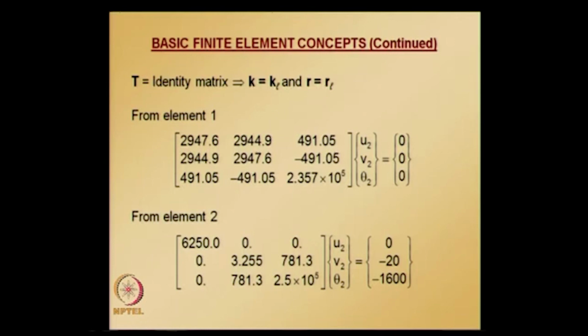Adding these two equations, the global equations are obtained. That is, the global equations are simply the sum of these two element equations. So, adding the corresponding component values, we get the reduced global equations, which we can solve for u2, v2 and theta 2.